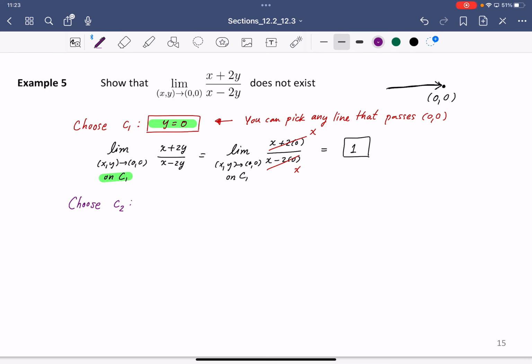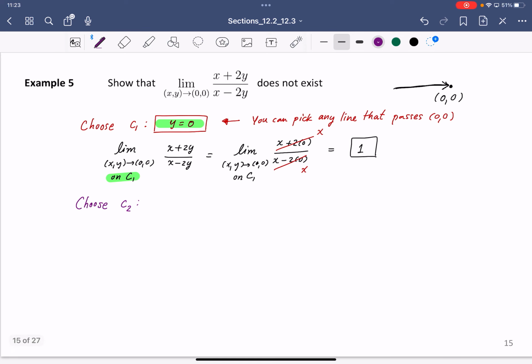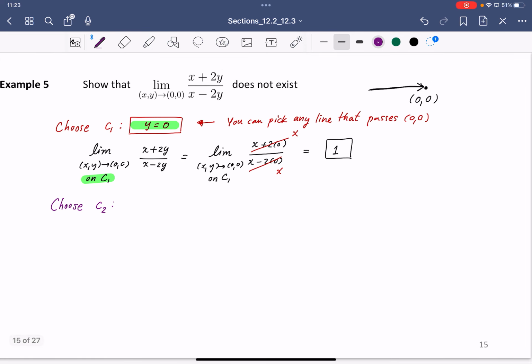What other line can you pick? Maybe you can pick y equal to x squared here. This is a curve that also passes through the point 0, 0. So you pick y equal to x squared. For example, you have the limit as x, y go to 0, 0, but this time on C2.